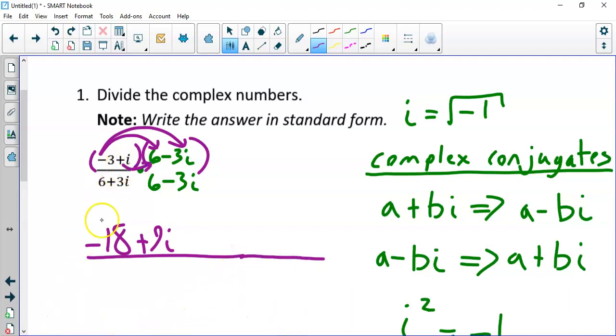What is i times 6? Plus 6i. And what is i times negative 3i? Negative 3i squared. We'll talk about the i squared here in a moment.